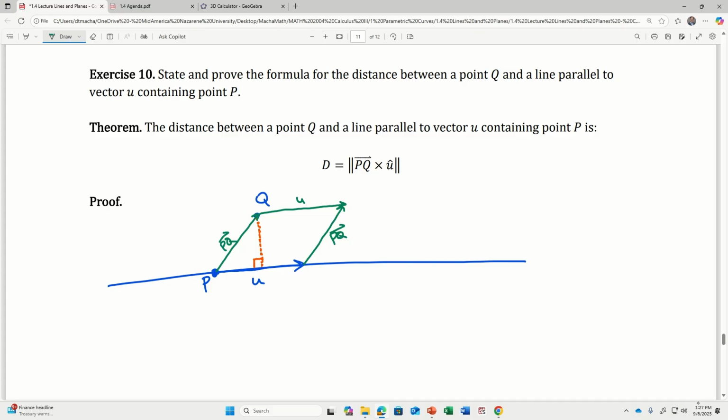And that might not seem like a big deal. But the area of the parallelogram is going to be equal to the norm of the cross product between the side vectors, right?